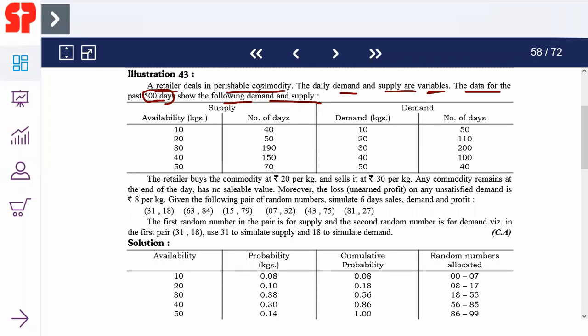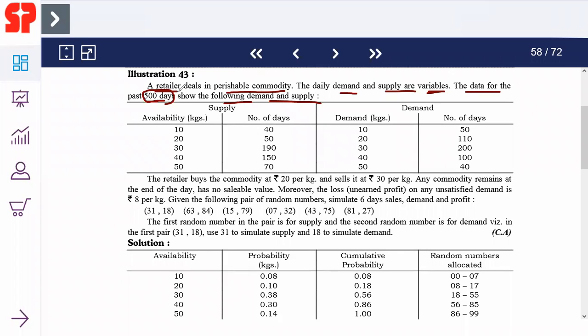Perishable commodity means one whose shelf life is less, say up to 1 day. After that, you will have to throw away those goods; you cannot sell them. Such commodities are known as perishable commodities, like vegetables, whose shelf life is only 1 or 2 days maximum.